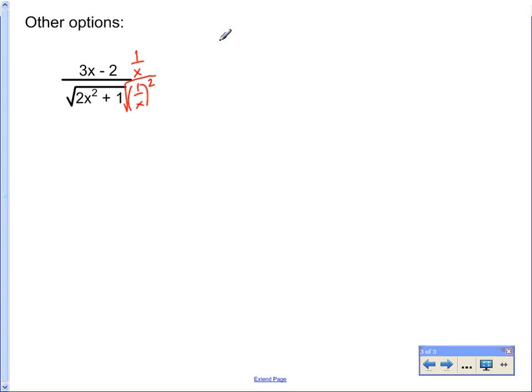So let's look at the top first. If I have 3x minus 2 and I'm multiplying that by 1 over x, that's going to leave me with 3 minus 2 over x.